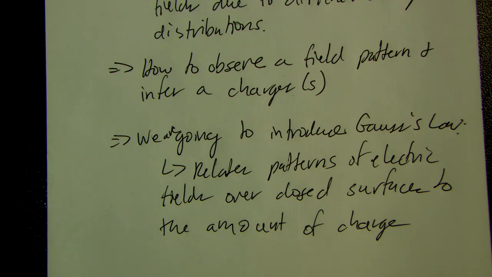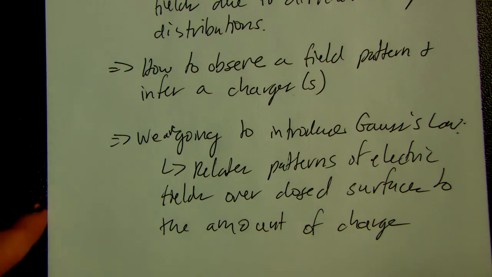Just a heads up, I take my own approach to introducing Gauss's law. I somewhat follow the book. I deviate from the book. In other words, use your book, read the chapters, recognize my notes aren't going to follow the book as closely as they have in other chapters.